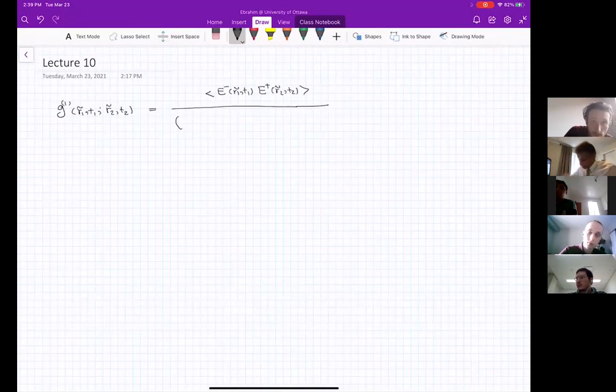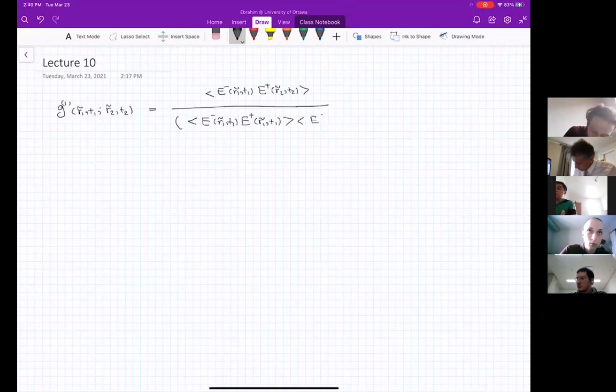In this case, that was given by E minus of R1, T1, E plus of R1 and T1, then E minus of R2 and T2, E plus of R2 and T2, to the power of 1/2.